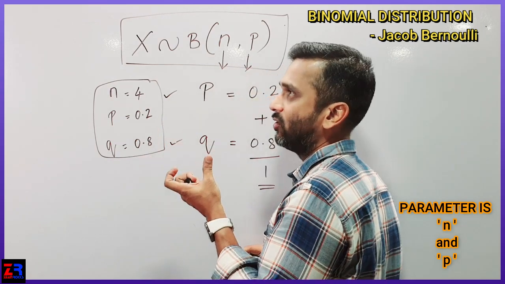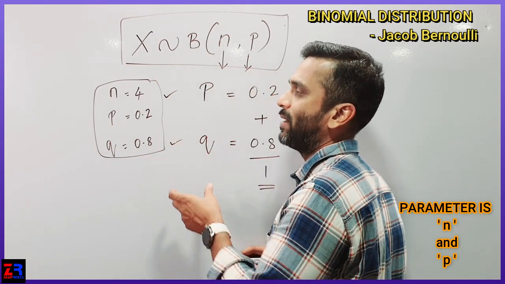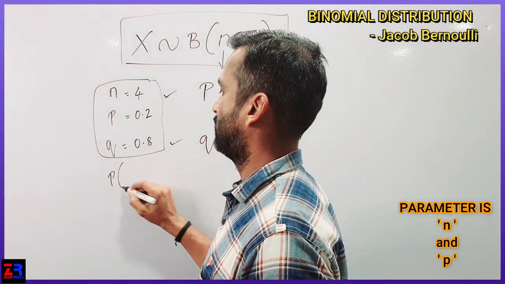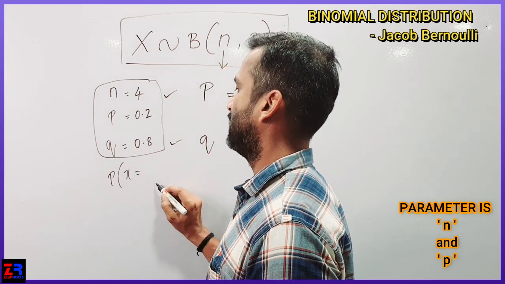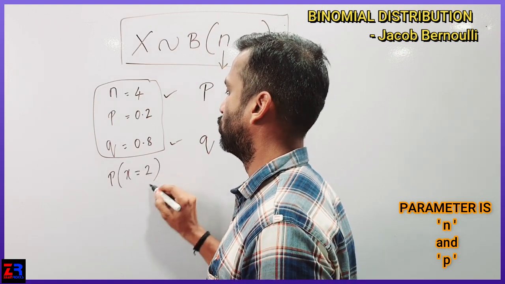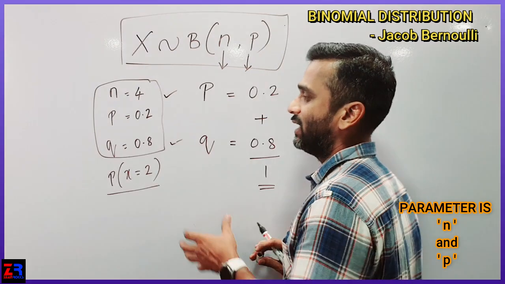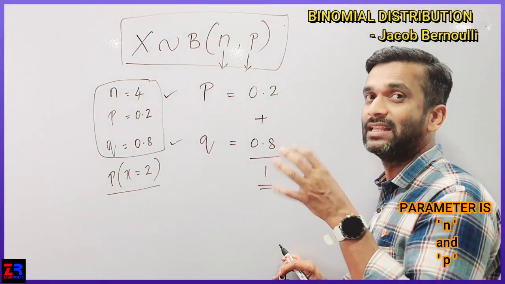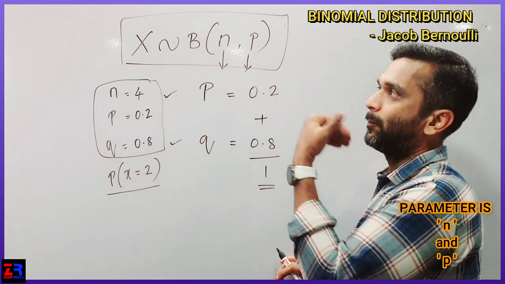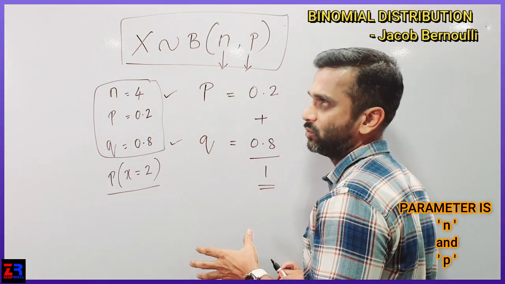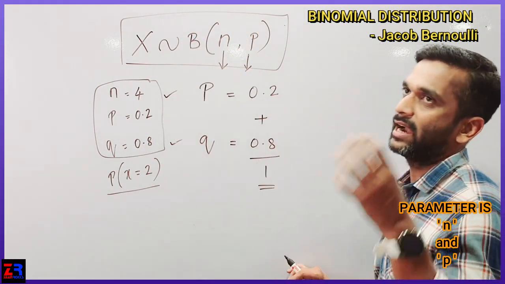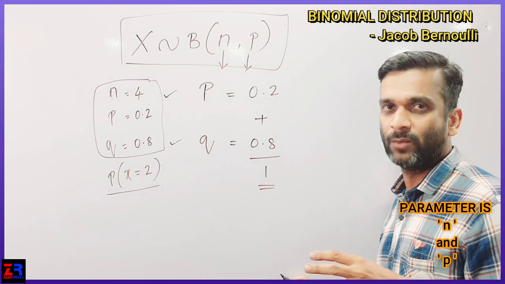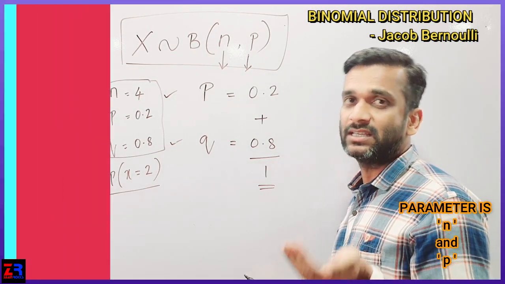So how will we find the probability of a variable equal to, suppose 2, x equal to 2? Let us solve this question, and then we can take a realistic example and apply this binomial distribution to understand how a question on binomial distribution can be asked in the exam.